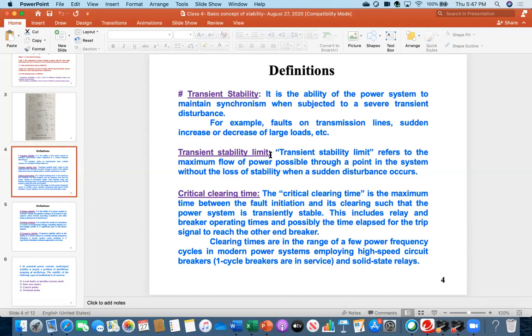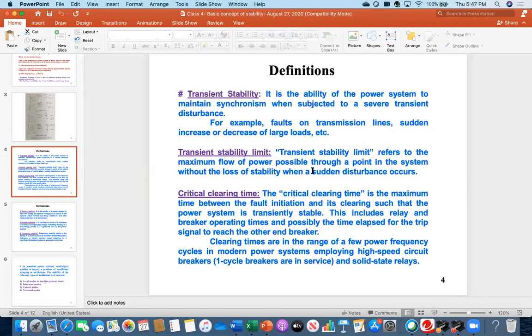So transient stability limit means the allowable or permissible maximum value of power that can flow through a particular point in the system without the loss of stability. This means if the power flow goes beyond that value, then the system will be unstable. That's why it is called the transient stability limit.